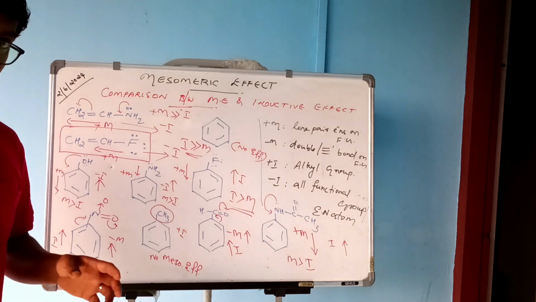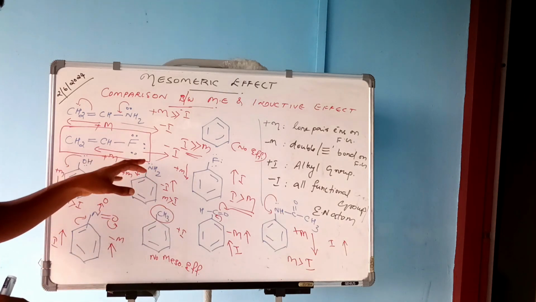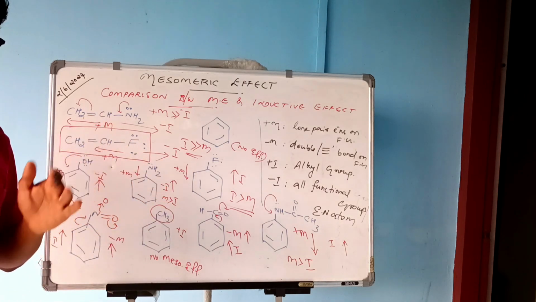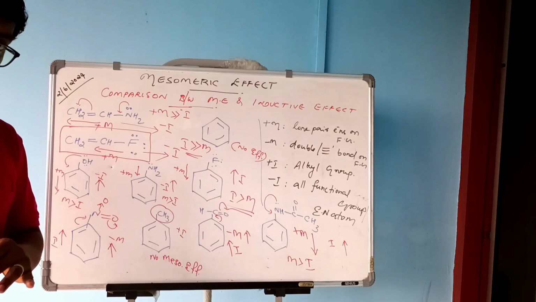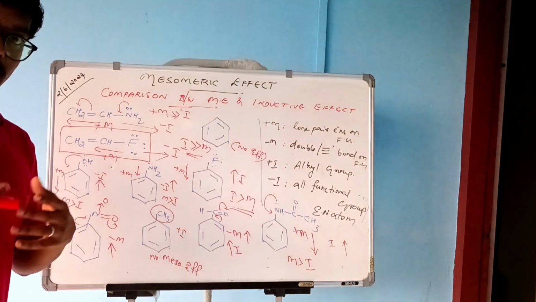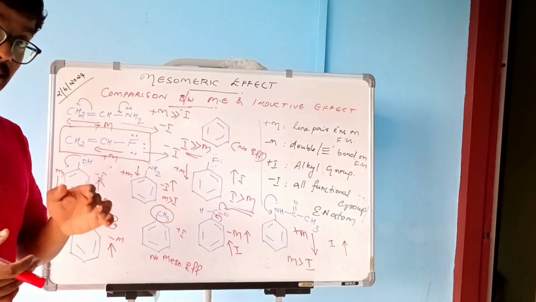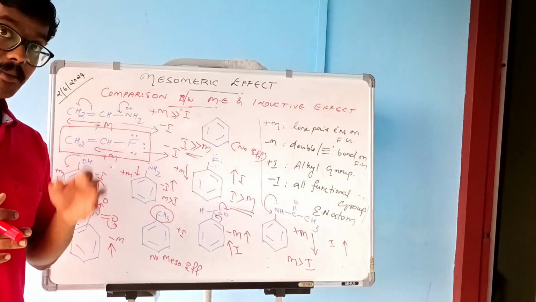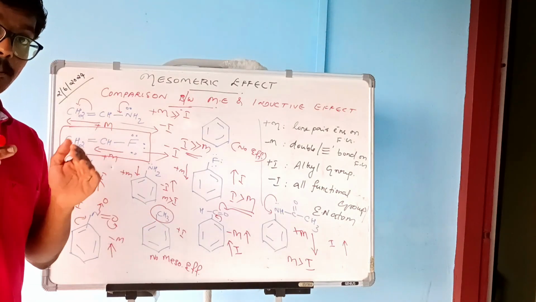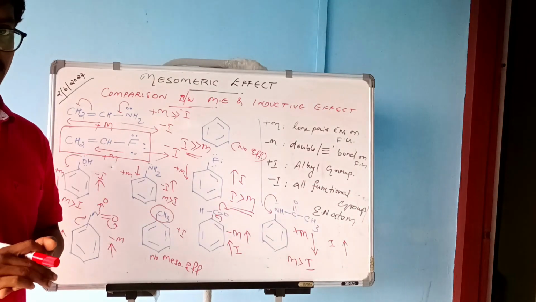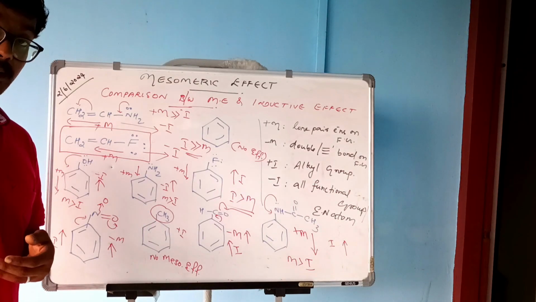So we have discussed everything here, and we understood which is dominant over the other effect. The mesomeric effect is always dominant over the inductive effect, whereas in the case of a halogen atom attached to a conjugate system, the inductive effect is dominant over the mesomeric effect. You should remember this case in solving questions.